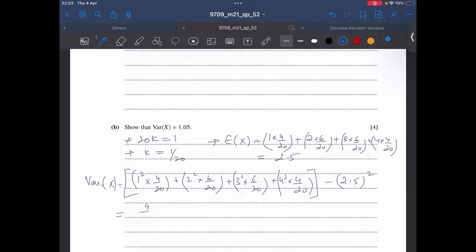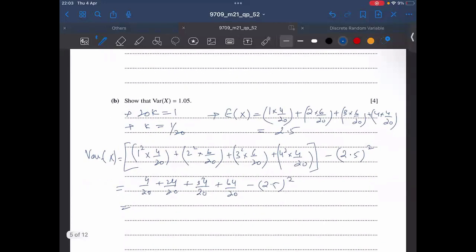It's going to be 4 over 20 plus 4 6 is 24 over 20 plus 9 6 is 54 over 20, and 16 into 4 is 64 over 20, minus 2.5 square.